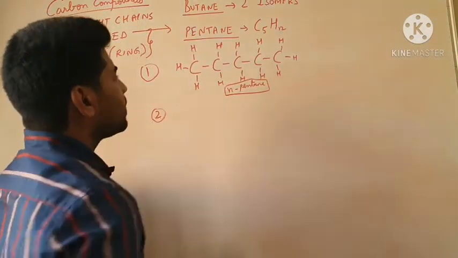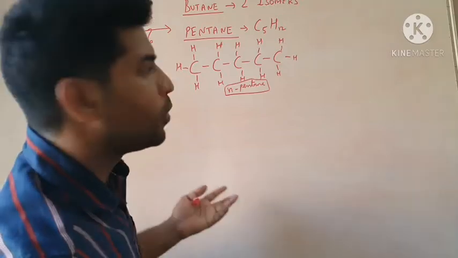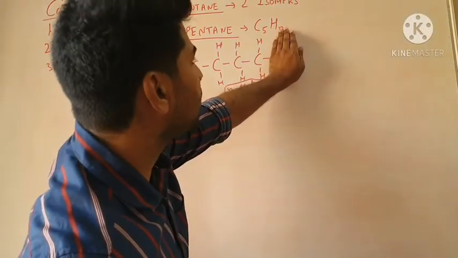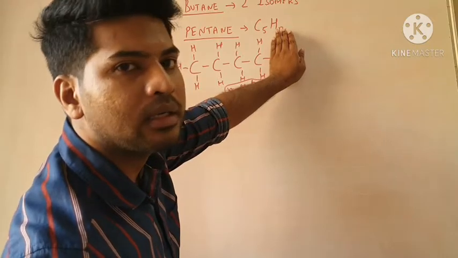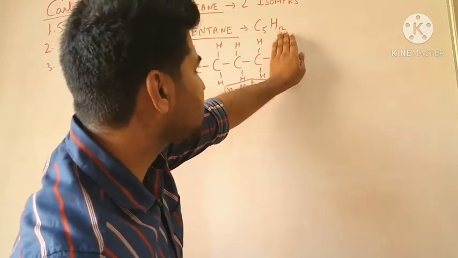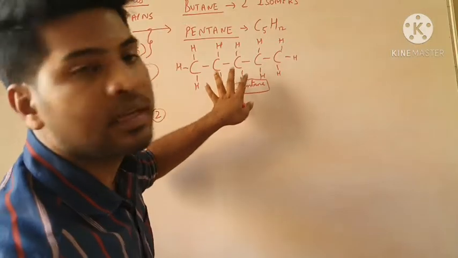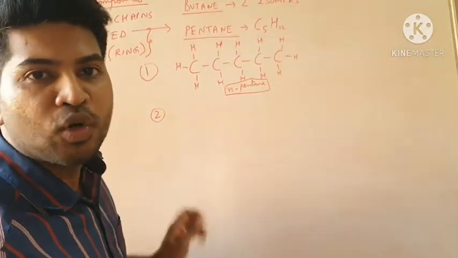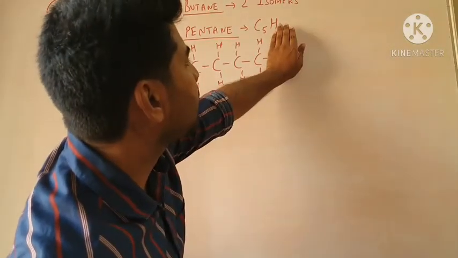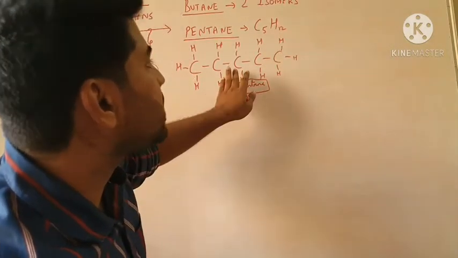Another structure we can write for pentane would be to remove one carbon from the main straight chain and attach this carbon to the middle of the chain. So that is how we write the isomers. Remove one carbon and attach it to the middle of the chain.